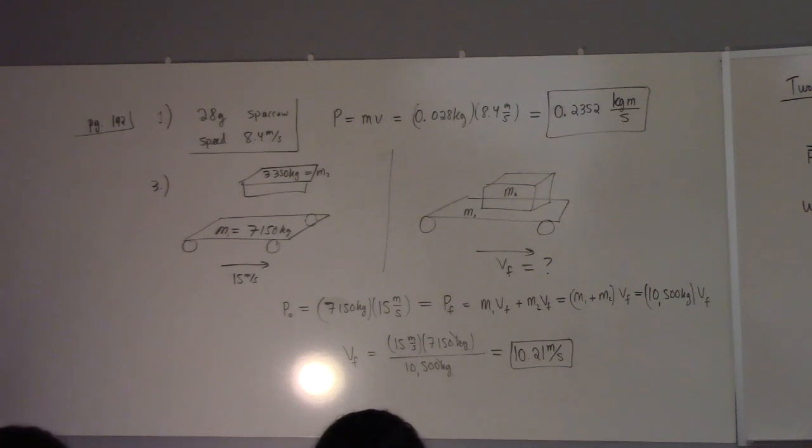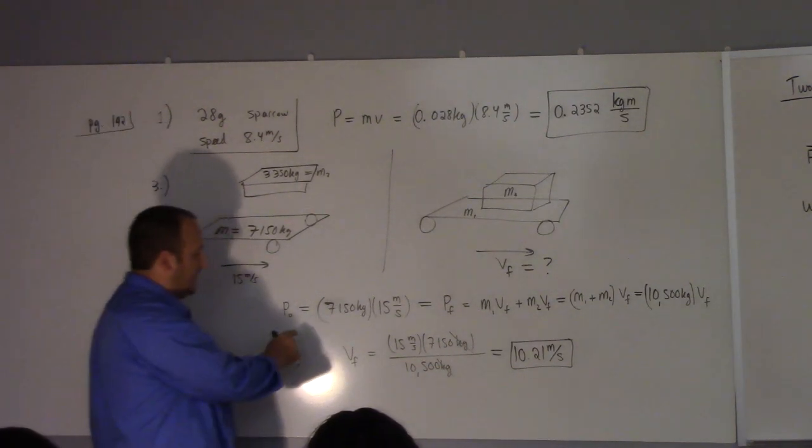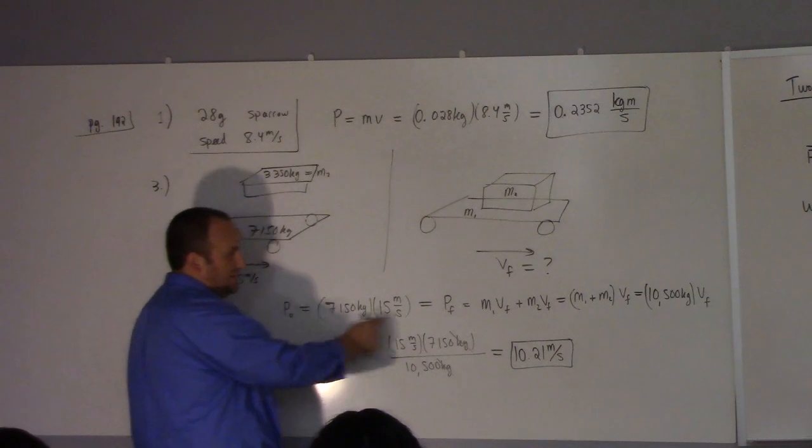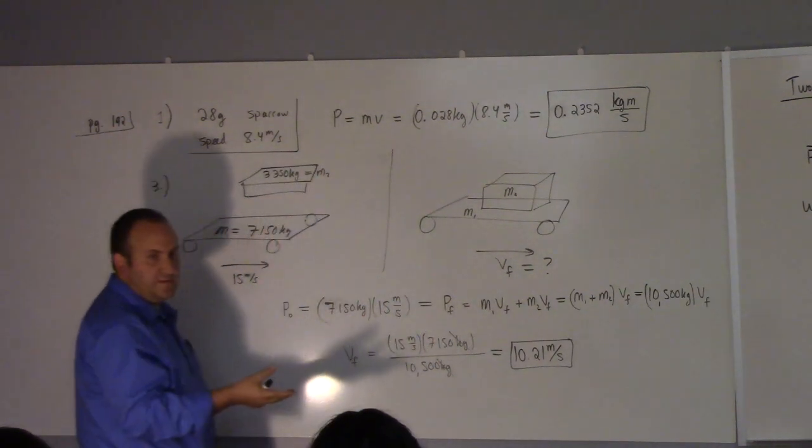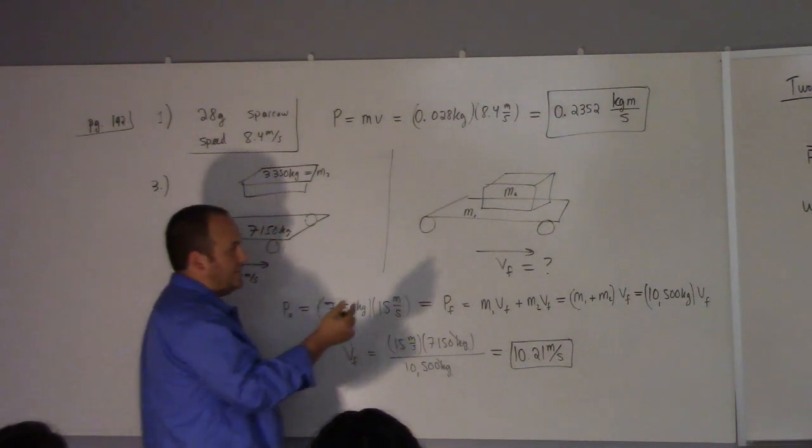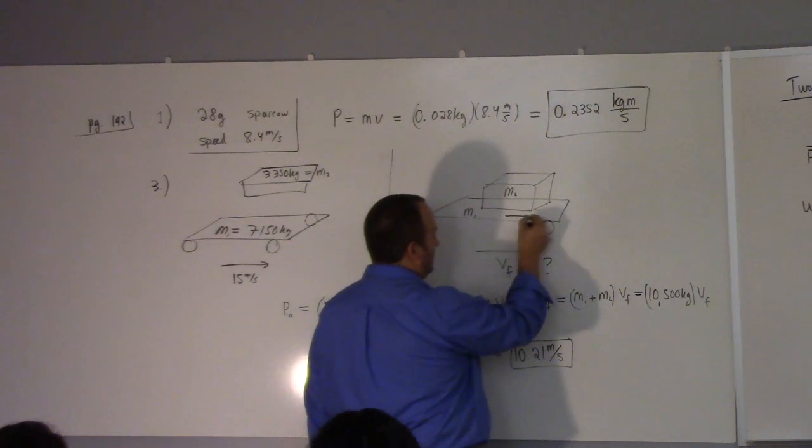I understand how we got the meters per second, but can you go back to how you decided that it would be vf equals the speed and then the weight of m1 and m2? So the equality right here, I'm saying that the initial momentum is equal to the final momentum. What's the final momentum? There's two things to think about.